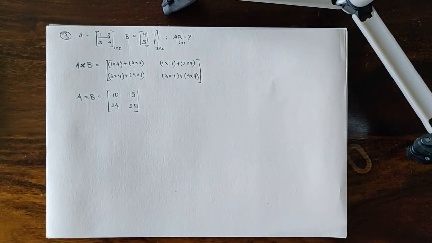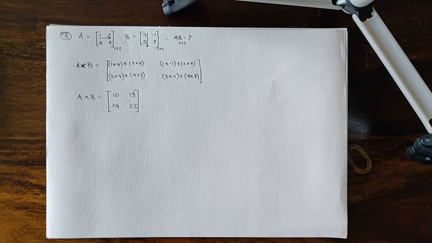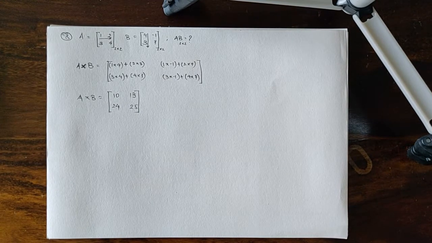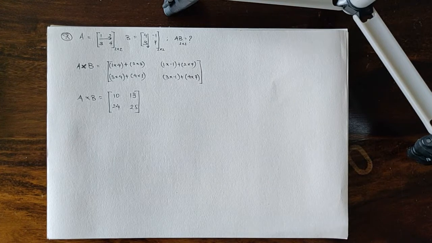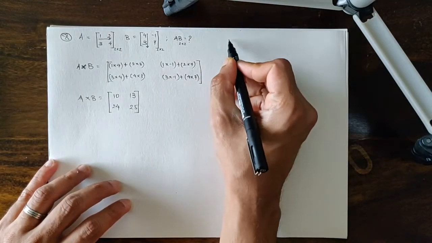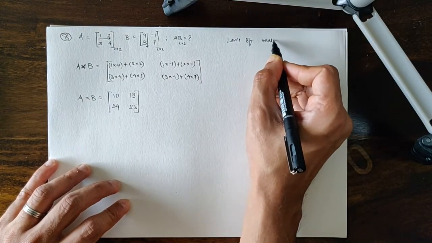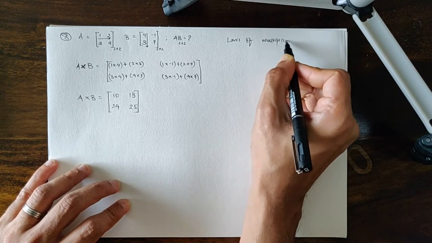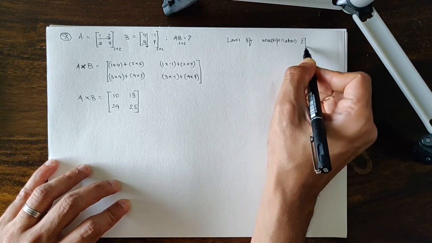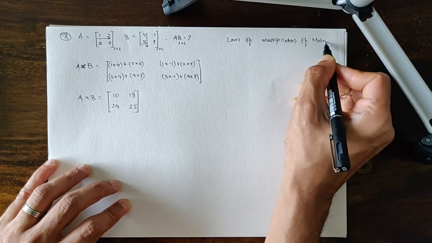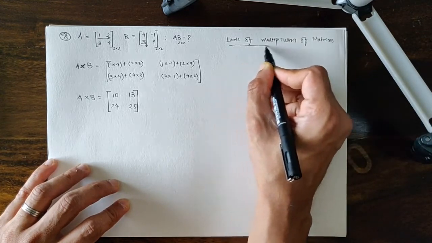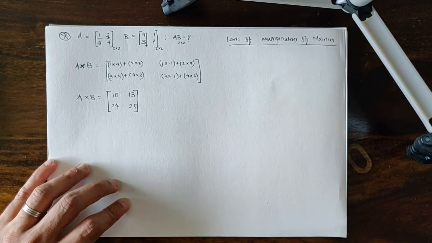This is the method of multiplication. You must go through it again and understand how we multiply. Right? Now with this, I'll share a few laws of multiplication of matrices.